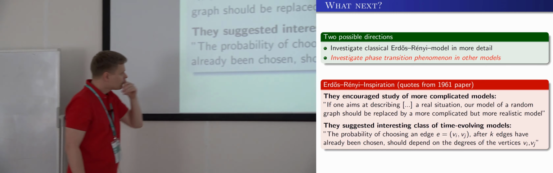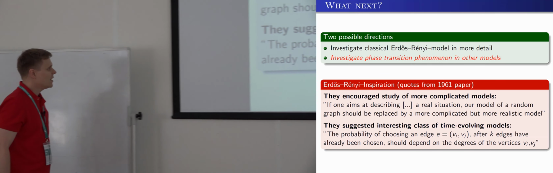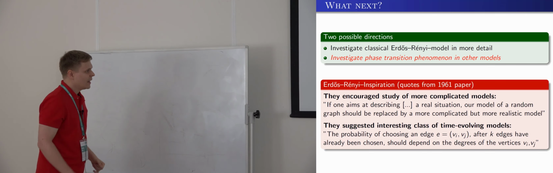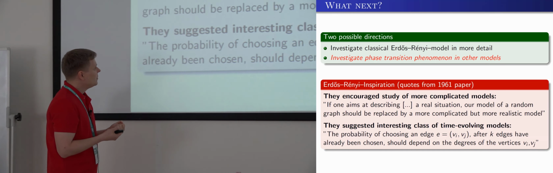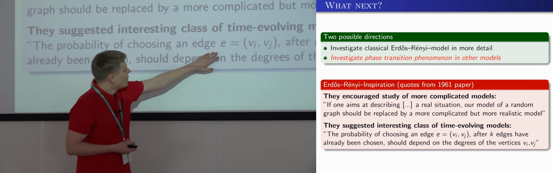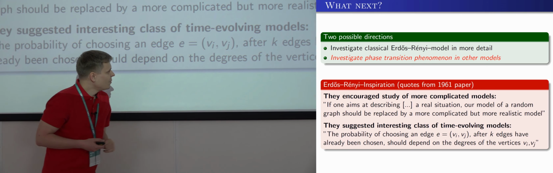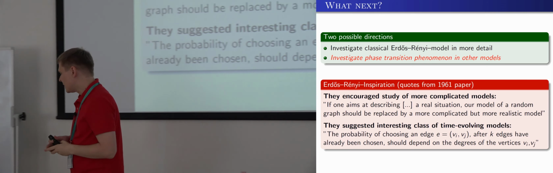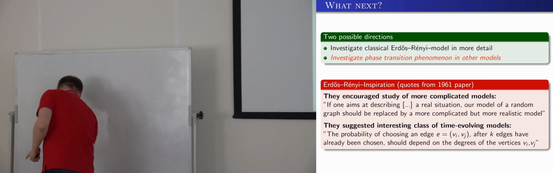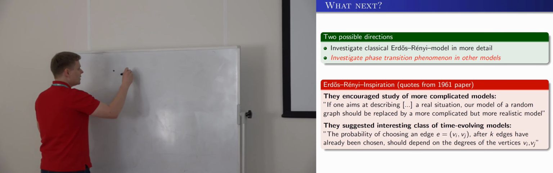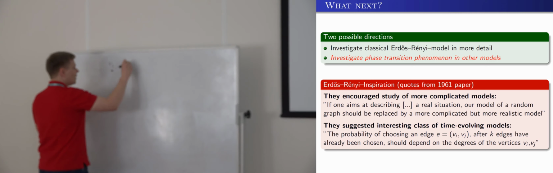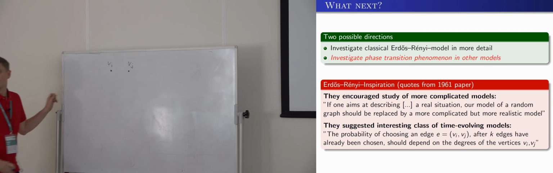And so in this paper from 1961, basically what they said is, okay, if we want to sequentially add edges, one nice idea would be to ask, what is the probability that we should connect, say, two vertices Vi and Vj in the next step? So basically we're asking, what is the probability that we join these two vertices in the next step?